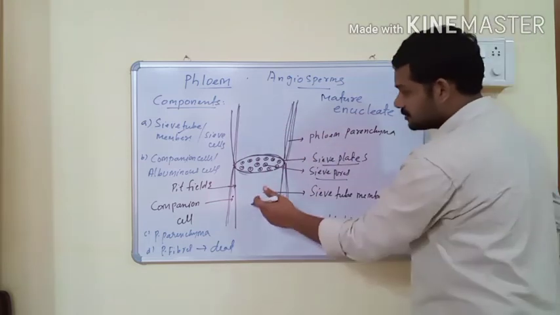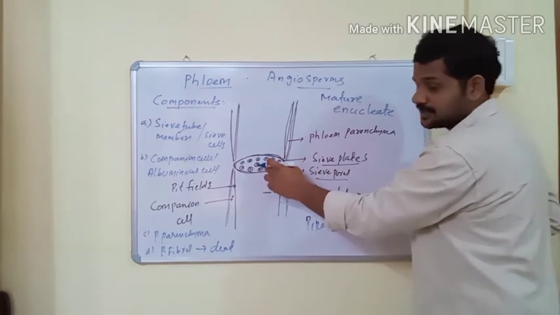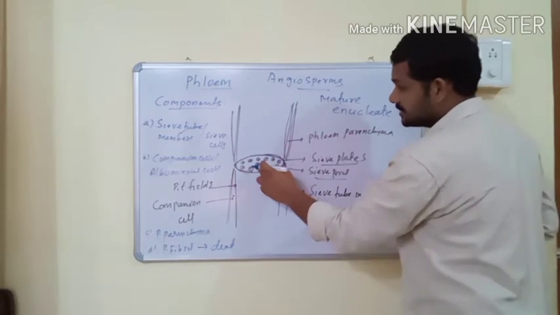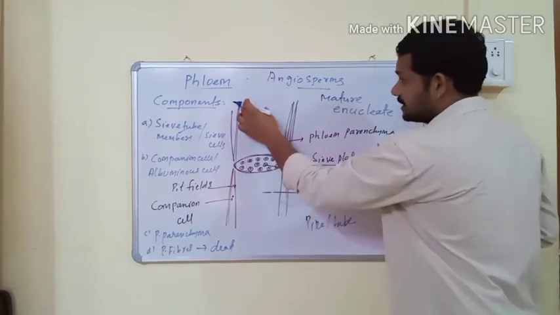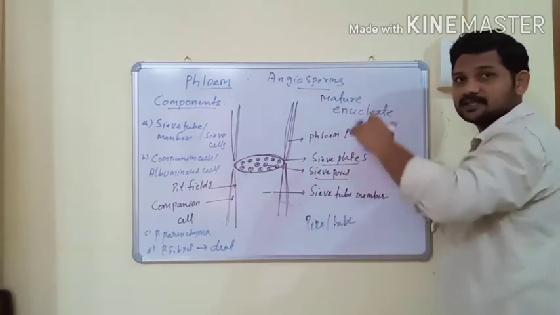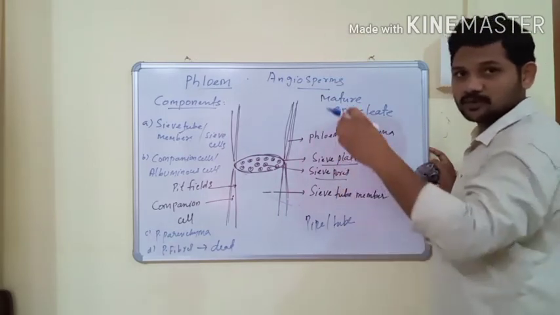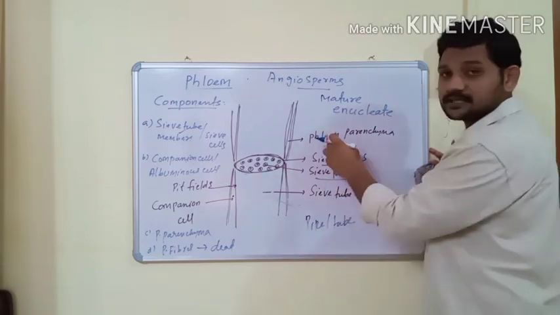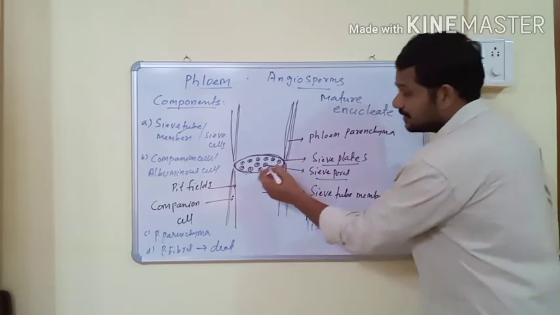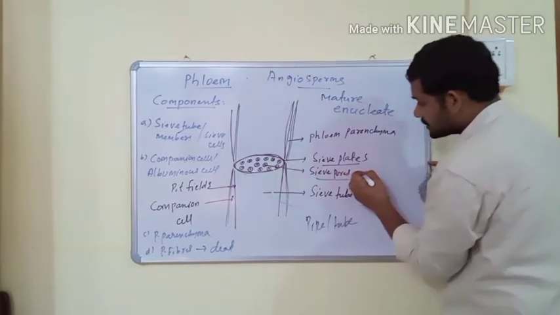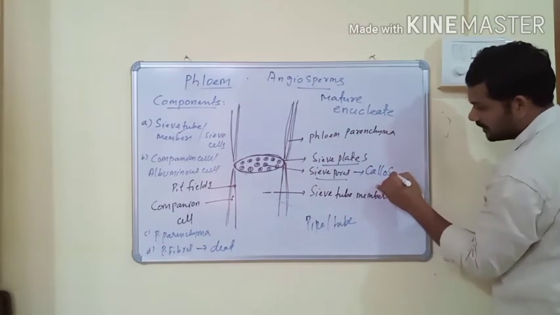All adjacent sieve tube members are connected through sieve plates, and sieve plates possess sieve pores. Due to the presence of sieve plates and sieve pores, adjacent sieve tube members are connected to form a tube-like structure, present from leaf to stem to root, and this continuous column helps in conduction of food material from source to sink. The sieve pores are surrounded by callose plugs.